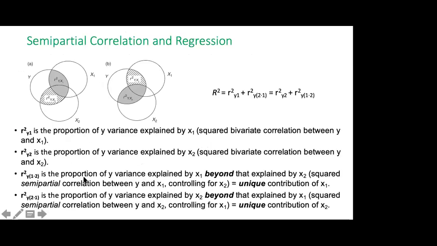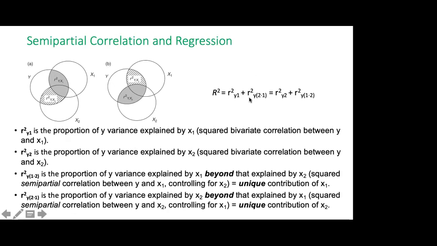All right, and just to make that picture complete, what is r squared? We can express it in two different ways. R squared is nothing but the squared bivariate correlation between the first predictor and the outcome, plus the squared semi-partial correlation between the second predictor and the outcome.